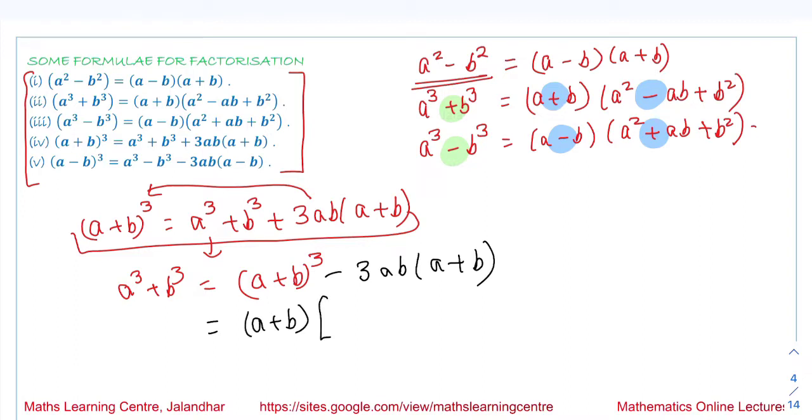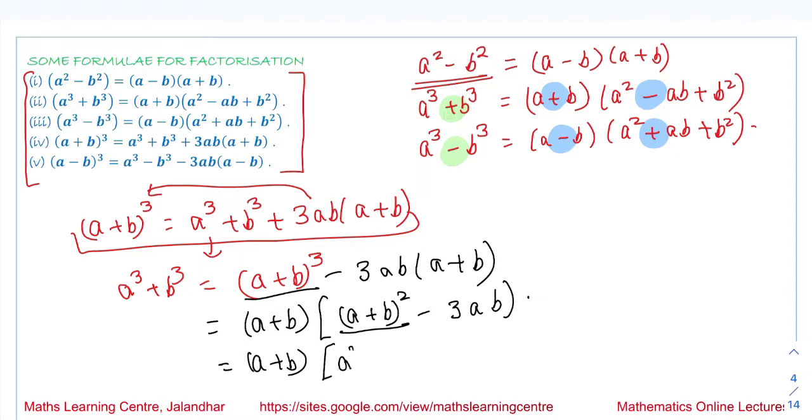What we are left with here is a plus b whole square minus 3 times ab. This is a plus b into, when you open this, a square plus b square plus 2ab minus 3ab.